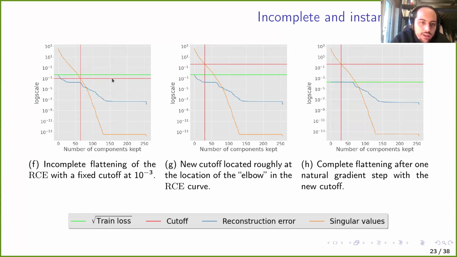And because the train loss is at the level of FC0, this gave a big difference with the other seeds that completely succeeded, where the RC became completely flat.